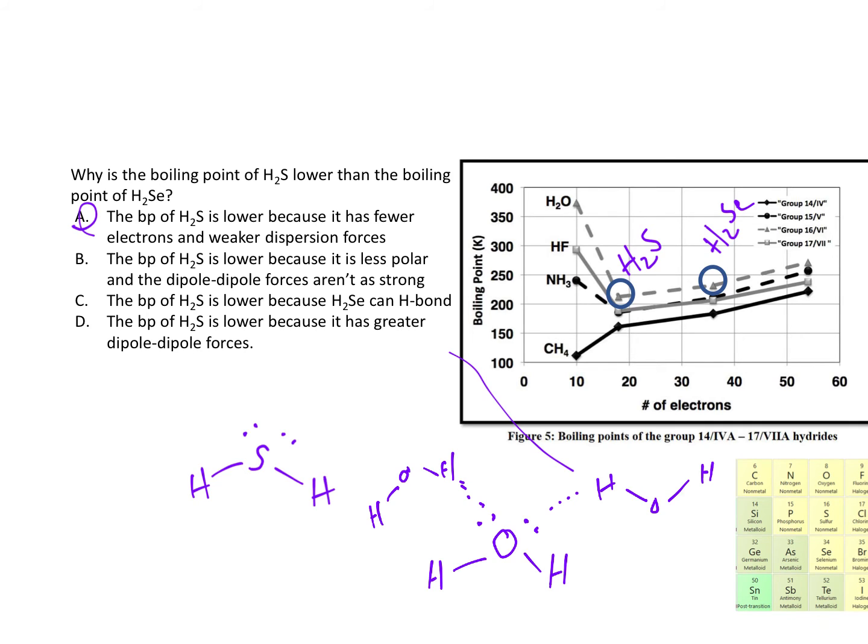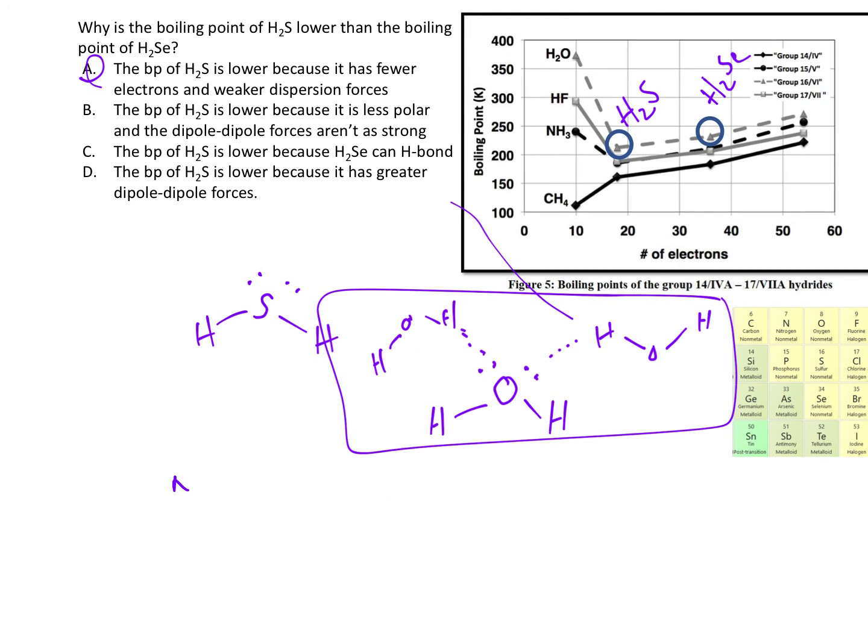And so if we had 3 molecules of water, we can see that all of those are hydrogen bonded together, right? If we have 3 molecules of ammonia, we can have one H that can hydrogen bond, and another one.